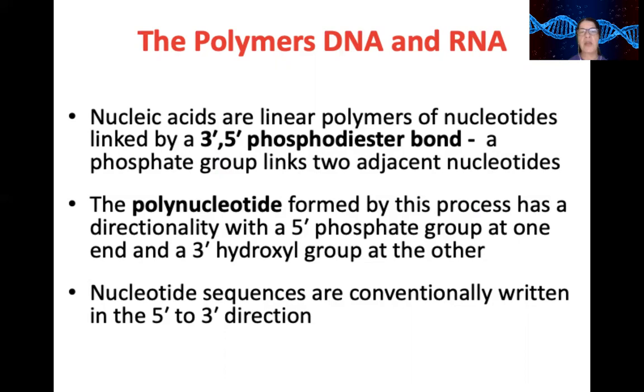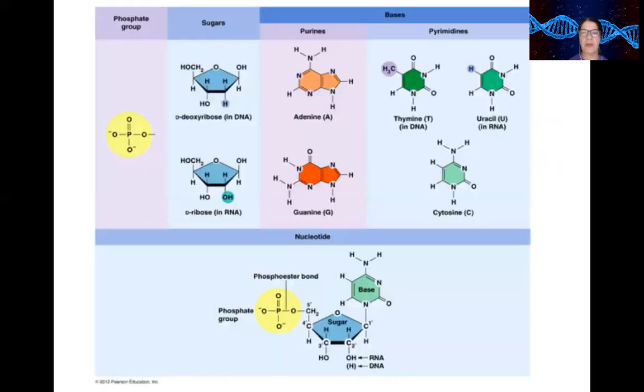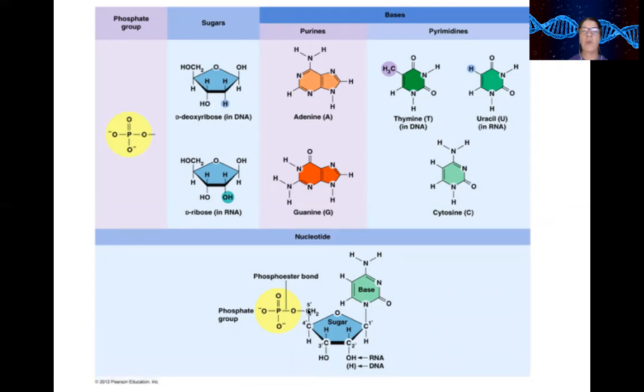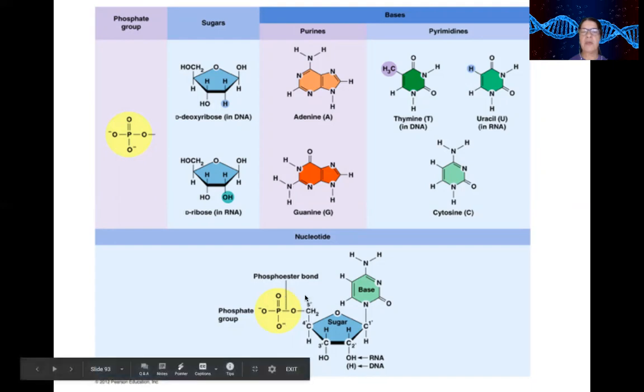So one chain will start with a 5' end and end with a 3' end. The 5' is the 5th carbon where the phosphate group is attached. The 3' is the hydroxyl group of the 3rd carbon in the sugar. And I will show you again. 1st carbon, 2nd carbon, 3rd carbon, 4th carbon, 5th carbon. So on one end of the molecule, you're going to have the phosphate group, which is attached to the 5th carbon.